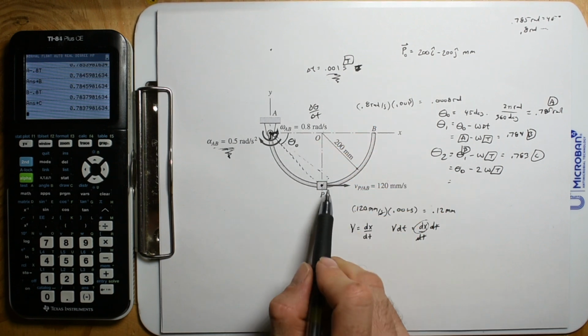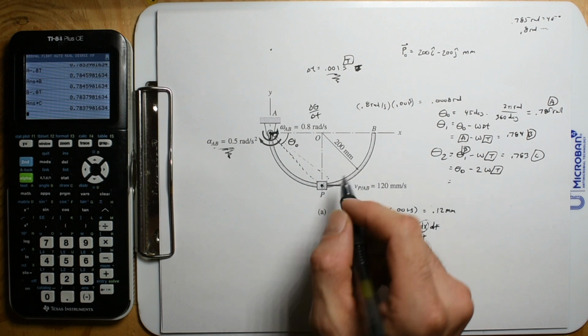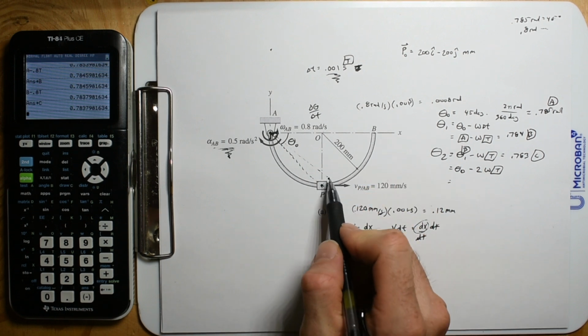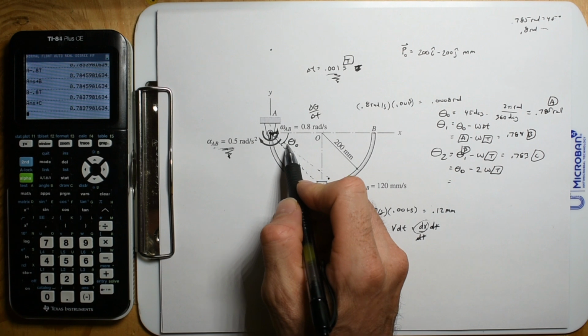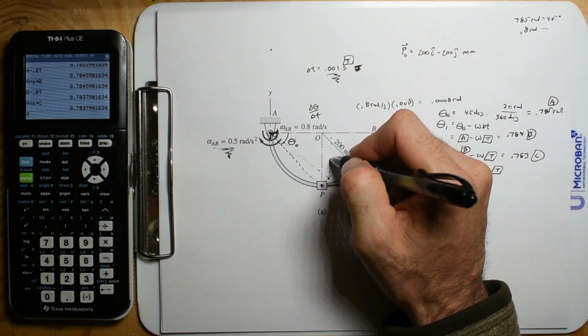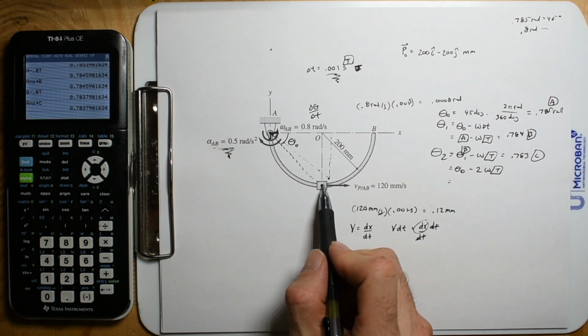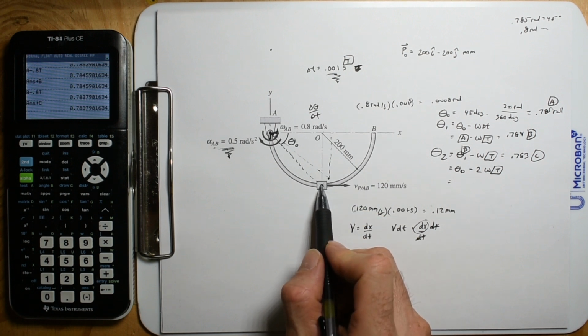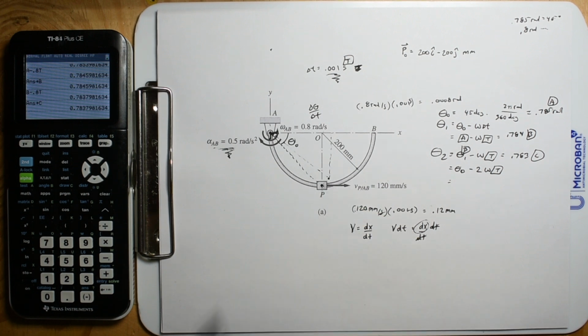So this, not the slider, but the position on the rod moves to right there. And oh damn it, how do we figure that one out?